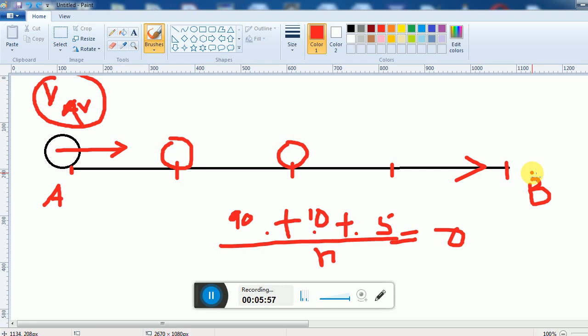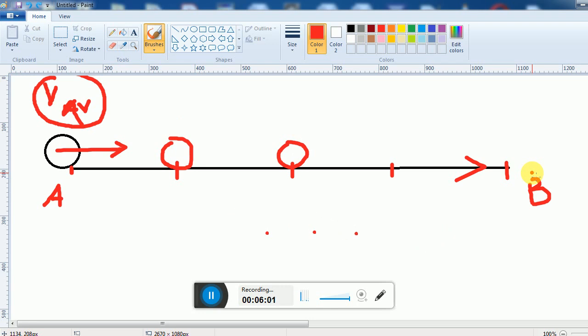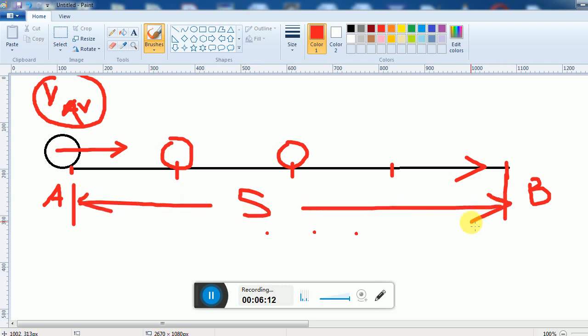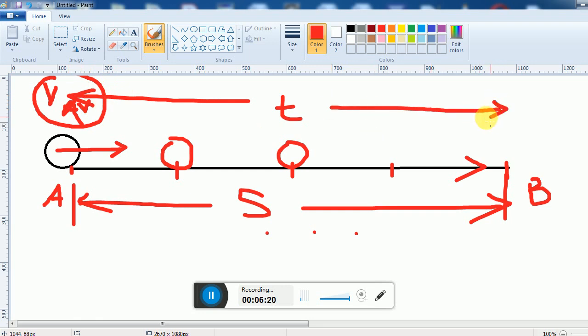So what we do here is find the total displacement, not total distance, displacement, that is called S, and the total time, suppose T, to cover the initial and final position. Then we divide.